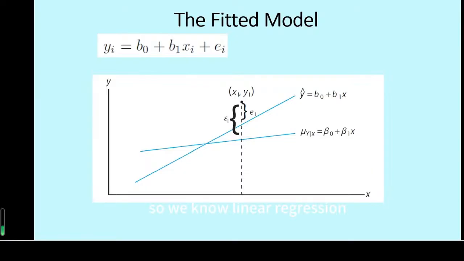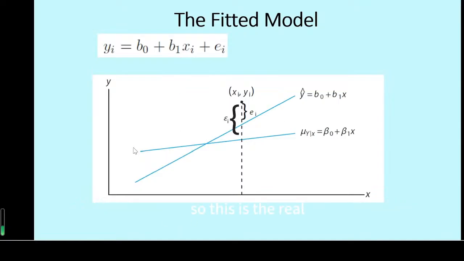So we know linear regression is a model used to illustrate the relationship between the independent variable x and the dependent variable y using an equation with the parameter beta in a linear form.